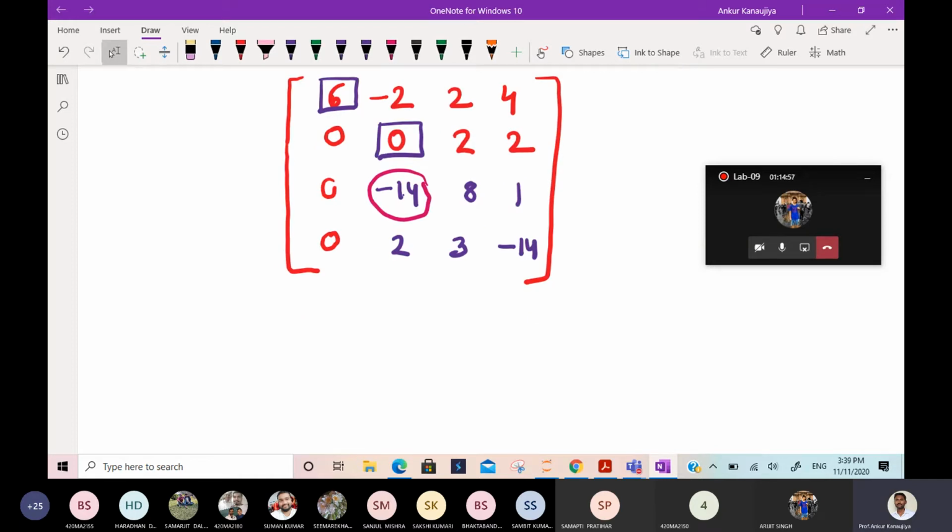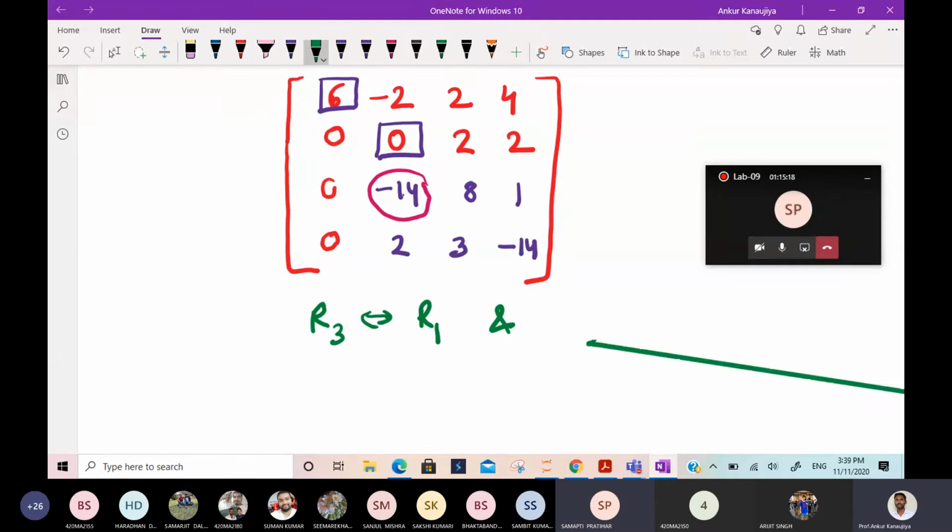In terms of writing in this example, first you can interchange R3 with R1 and C2 with C1, in any order.